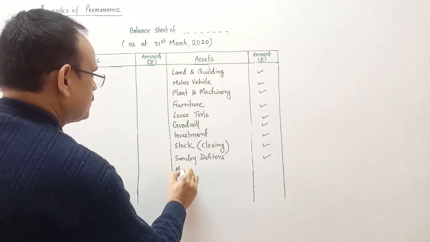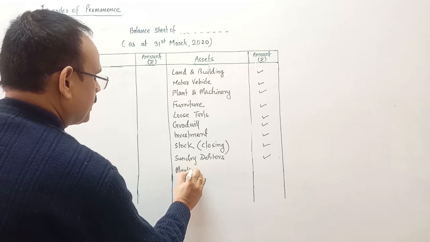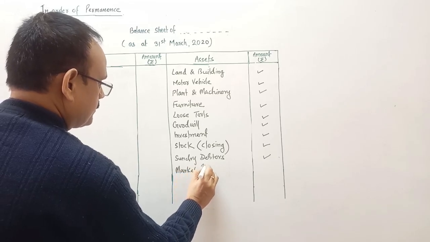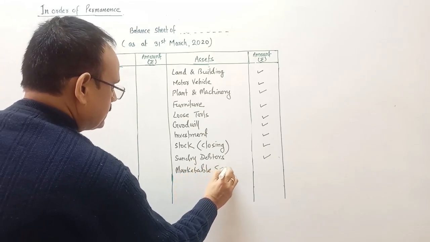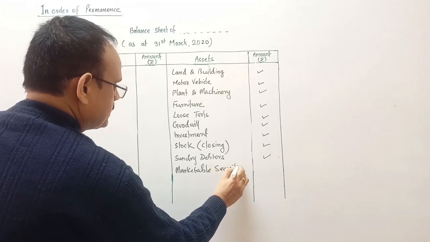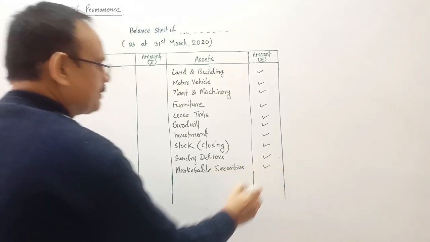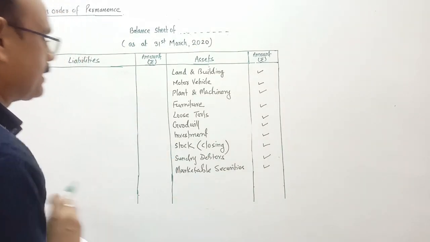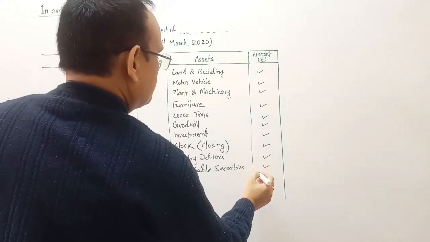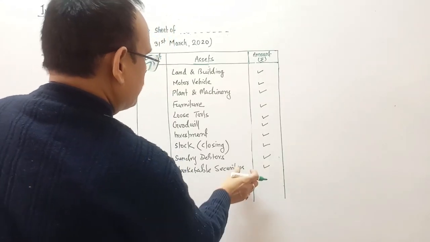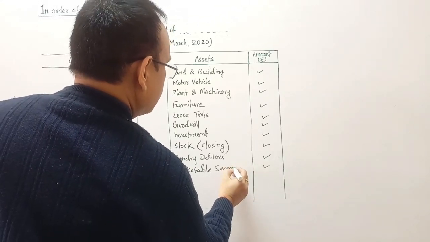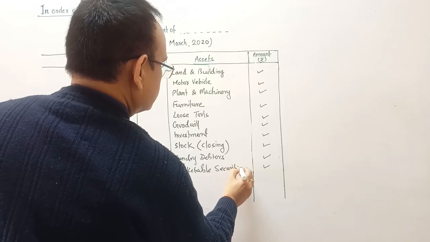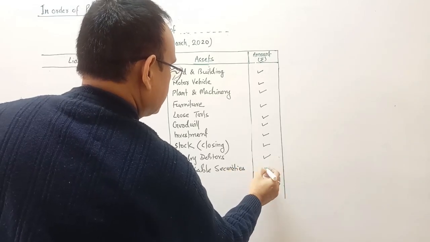Thereafter marketable securities. Marketable securities is a short-term investment. Short-term investment is called marketable securities. It's a current asset. Is it clear?